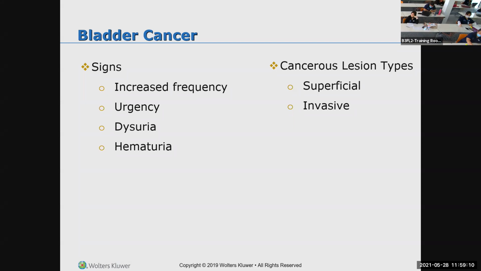Not always, it depends. If it is superficial, you can take part of the cancerous tissue. If it has already invaded, if it has already spread into the nearby tissue, then you need to get rid of the whole bladder. What is that operation called? Write it down, it's called cystectomy. Surgical removal of the cancerous urinary bladder is called cystectomy.